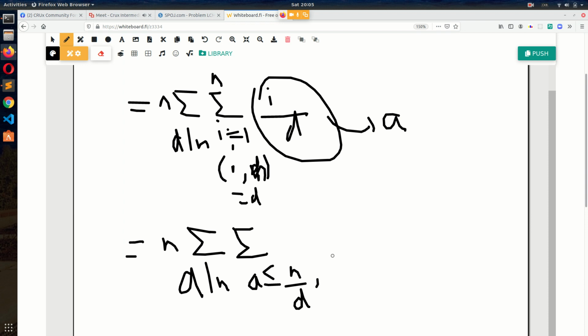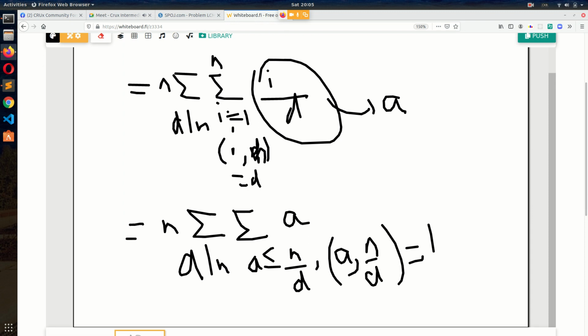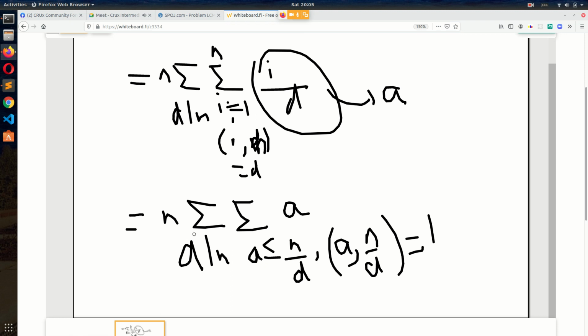And the other condition is that since d is the GCD of i comma n, the GCD of a comma n by d would always be 1. And you're summing over all such a's here. Did everyone get this? Like how this happened here? Okay, everyone got it.